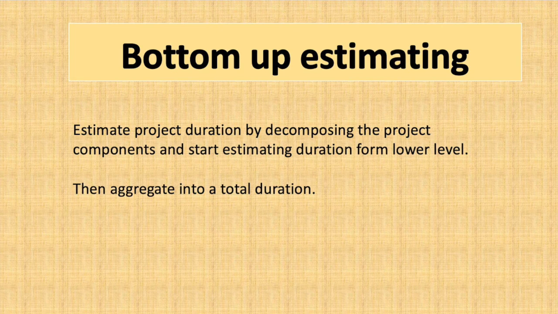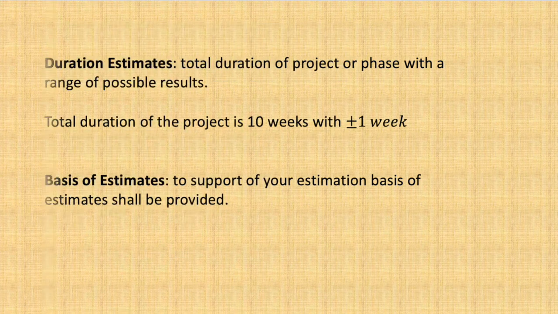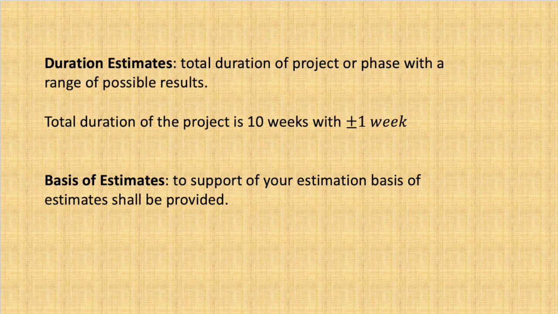So as an output of this process, we have duration estimates, basis of estimates, project document updates, assumption log. What are duration estimates? We get duration estimates, total duration of a project or phase with a range of possible results. We have estimated our activities using different techniques: 3-point estimating, parametric or triangular beta distribution, bottom up technique, analogous technique.